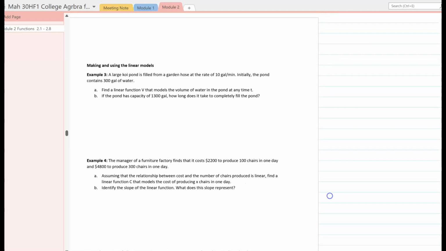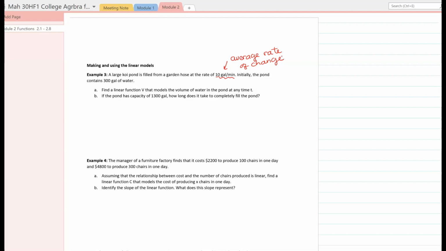So let's try this. The rate of change of the water in the pond, this is the average rate of change. Every minute, the water in the pond increases by 10 gallons.